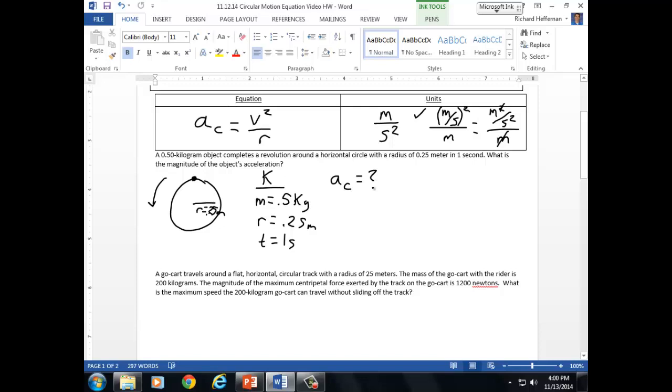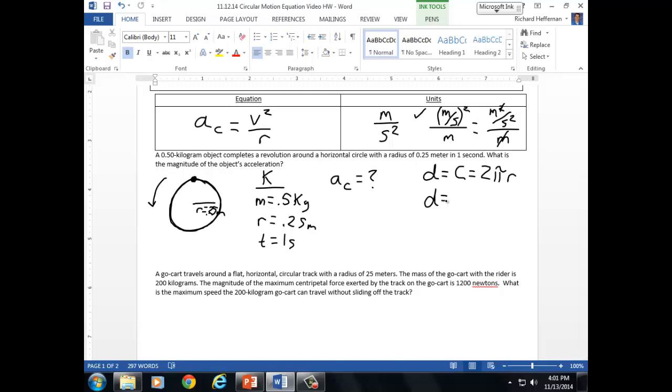If the object starts at this point and travels all the way around the circle one time, we know that the distance the object has traveled is equal to the circumference of the circle, which is given by 2 pi times the radius. So we can use this to find the distance the object travels for one revolution.